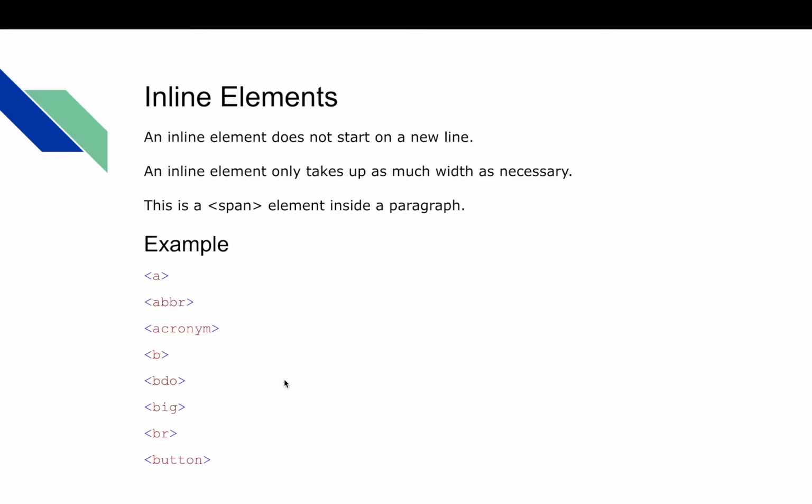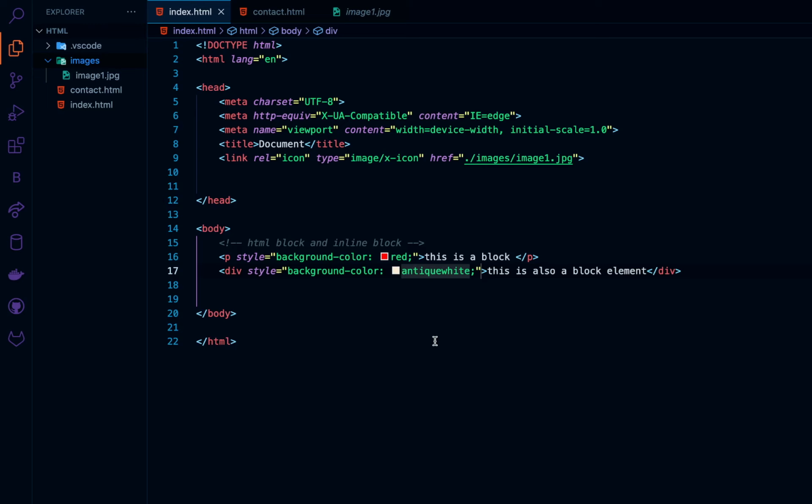So the next one is inline elements. If you look at the inline elements, buttons and anchor tags, attributes, bold, italics, these are inline. Let us try it now. HTML inline element.